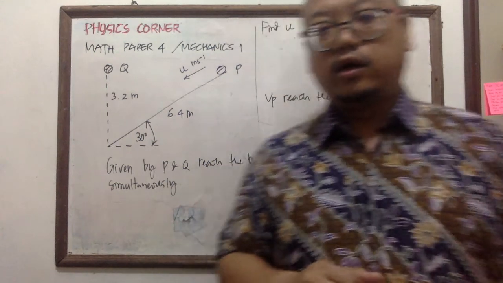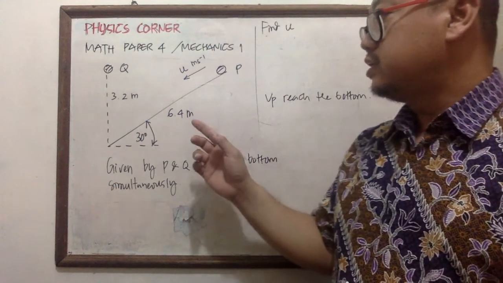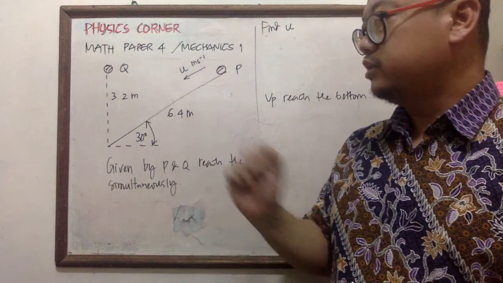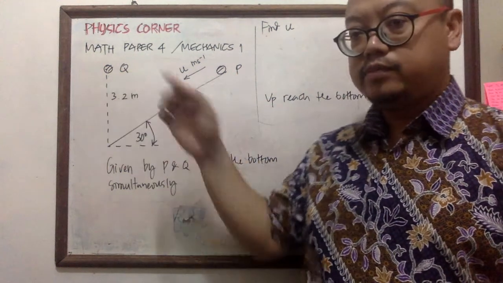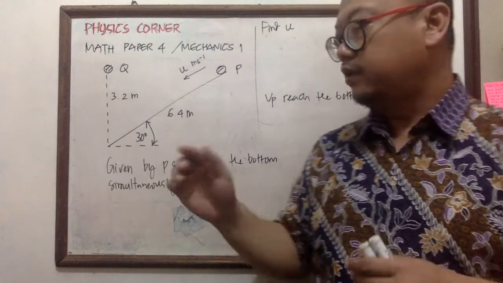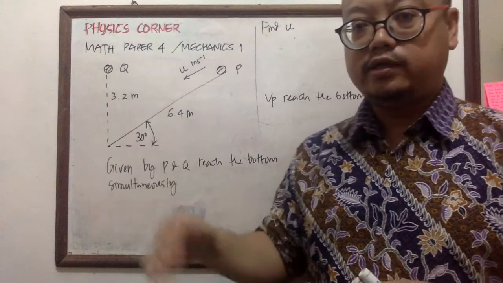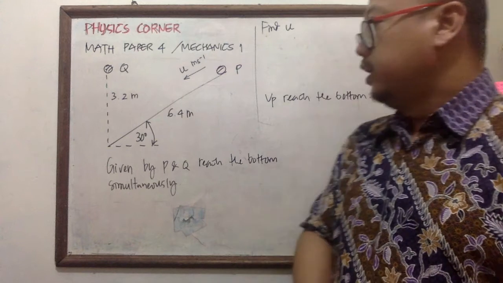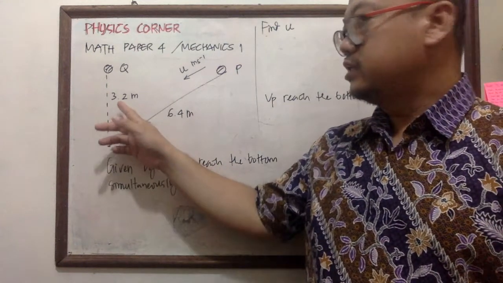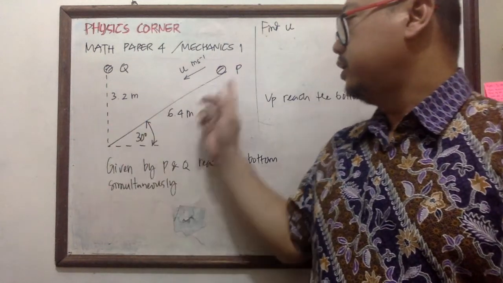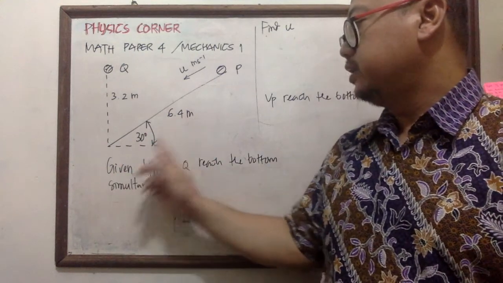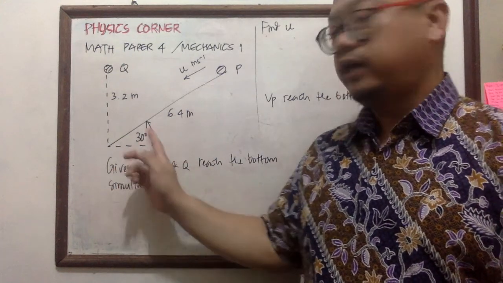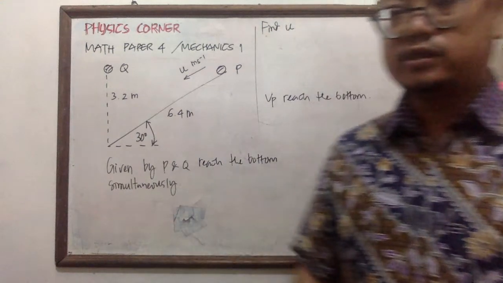The question is: when the particles Q and P start at the same level as the horizontal ground, Q has a distance of 3.2 meters and P has a slope distance of 6.4 meters, and they have a slope angle of 30 degrees.